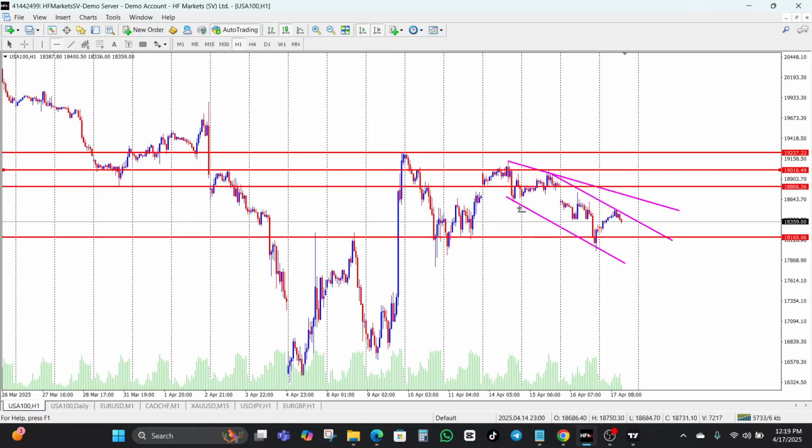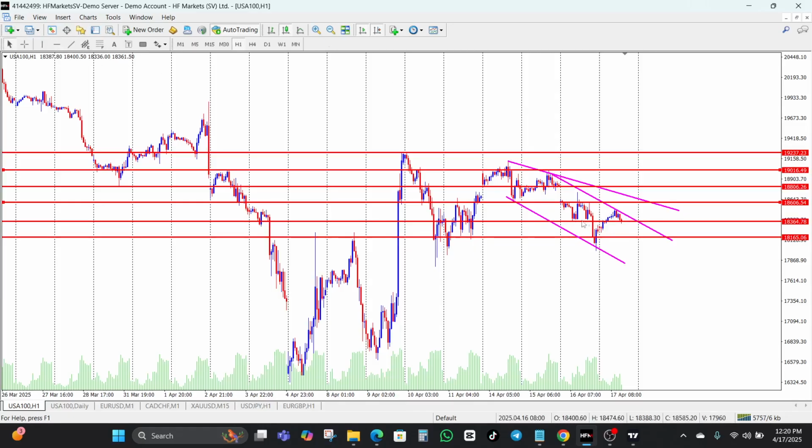Now we can see that some of these zones are being respected in the future. When future price activity took place, you can see that these zones were being respected. So you look at where price has reacted multiple times. These are the areas where traders make decisions.